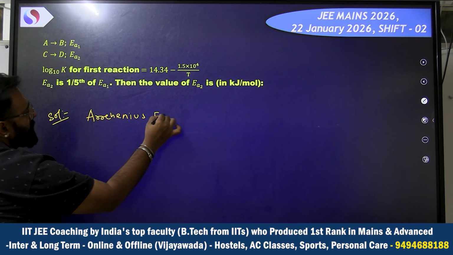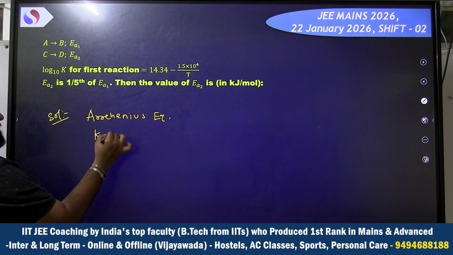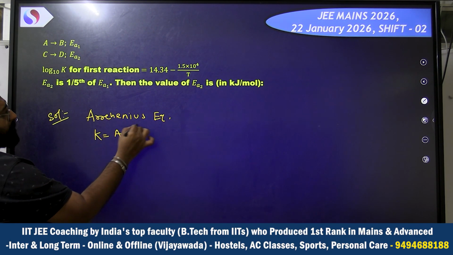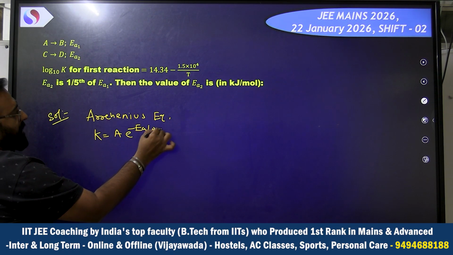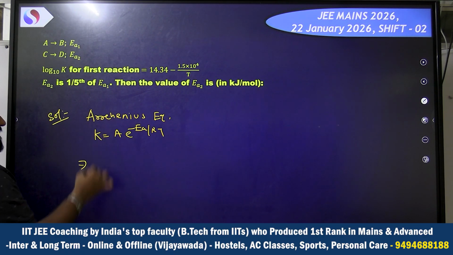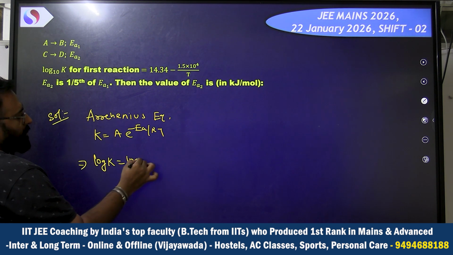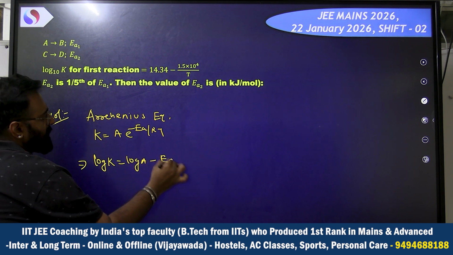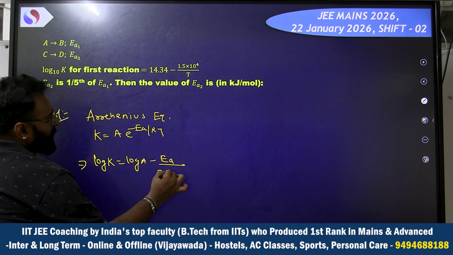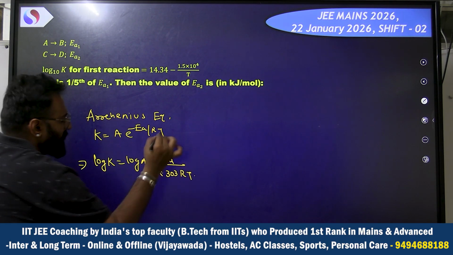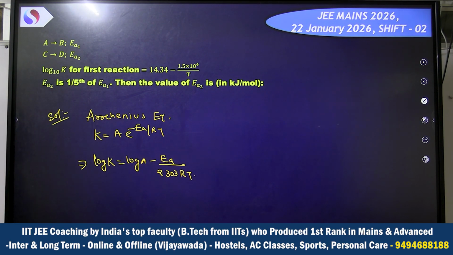Arrhenius equation. K is equal to A e raised to power minus EA by RT. Convert this into log: log K is equal to log A minus EA by 2.303 RT. This is our Arrhenius equation.